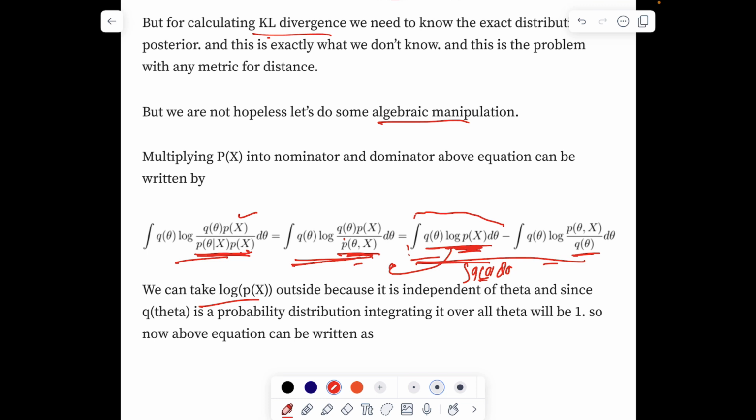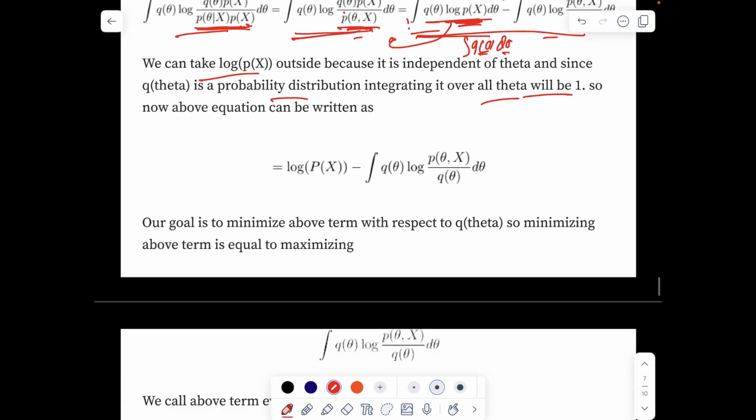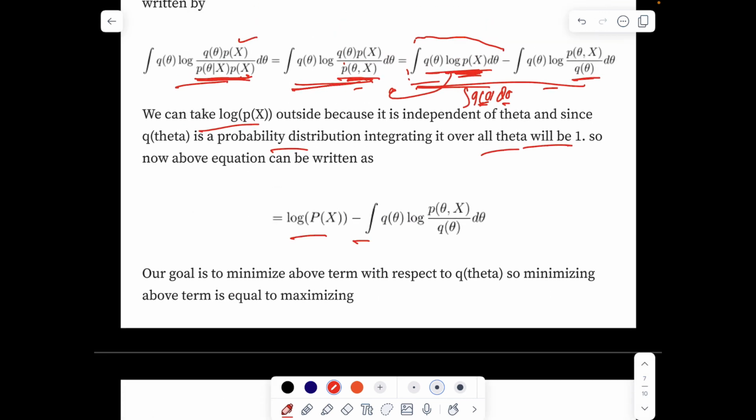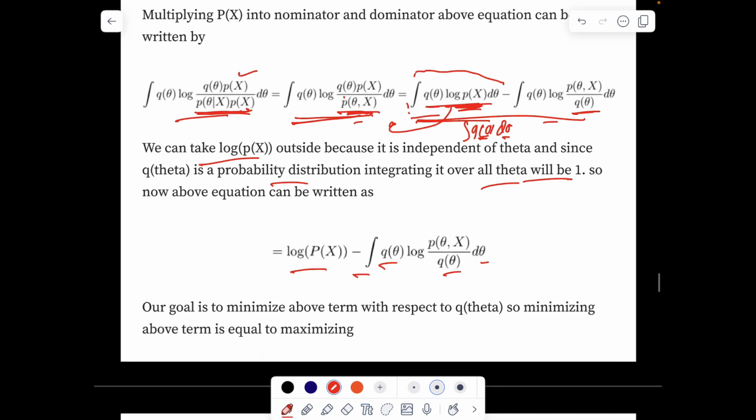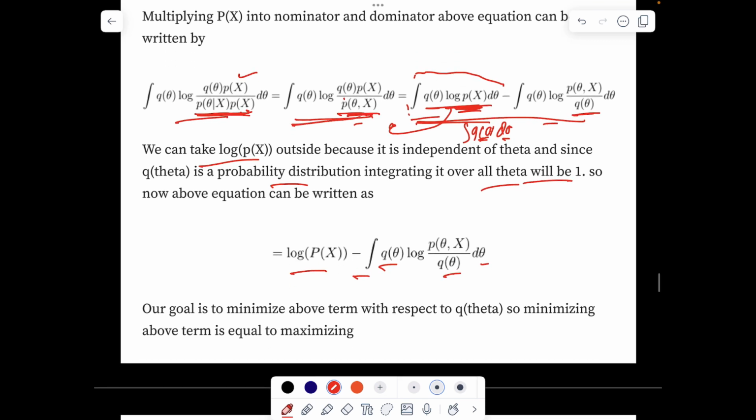This is the property of a probability distribution. So the above equation can be written as log p(x) minus the integral of q(theta) into log of the joint p(theta, x) upon q(theta) d theta.